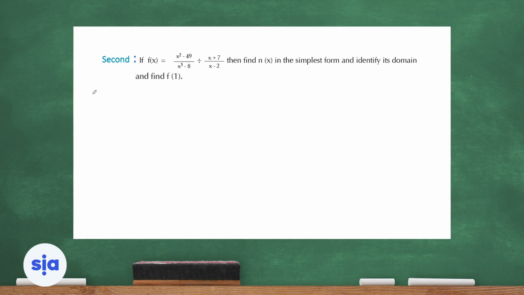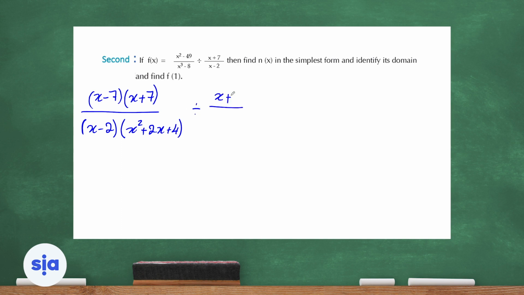If you're going to simplify this, x minus 7 times x plus 7 over x minus 2 times x squared plus 2x plus 4, divided by x plus 7 over x minus 2.